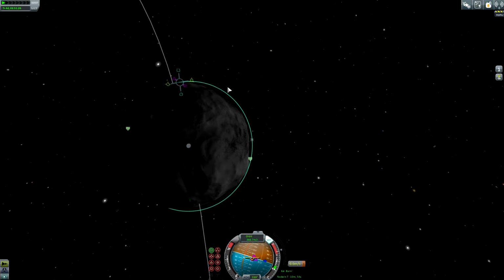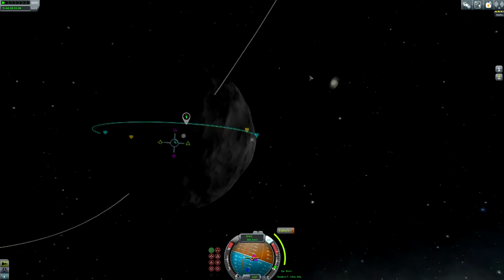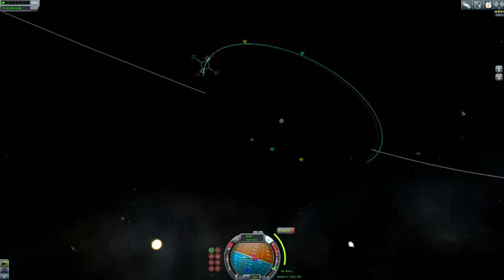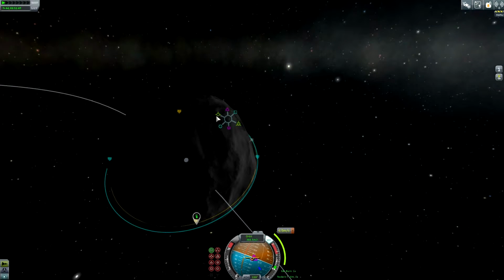I think I have to add a maneuver over here on the opposite side, and I have to reduce this. Okay, this is good. 7 kilometers. So I'm not sure. Okay, this is good. This is good. Now I can bring the periapsis down to. Hope I can do this. 10 kilometers is still a bit high. No, not this one.